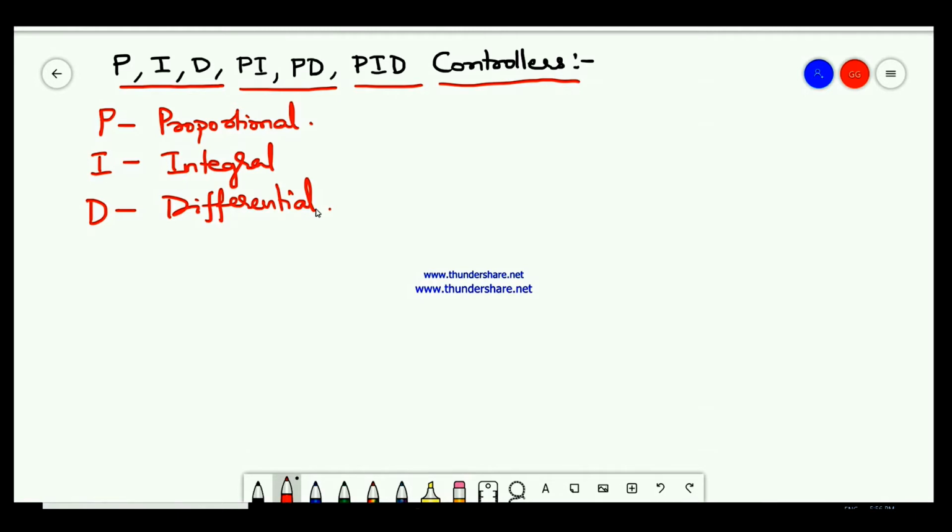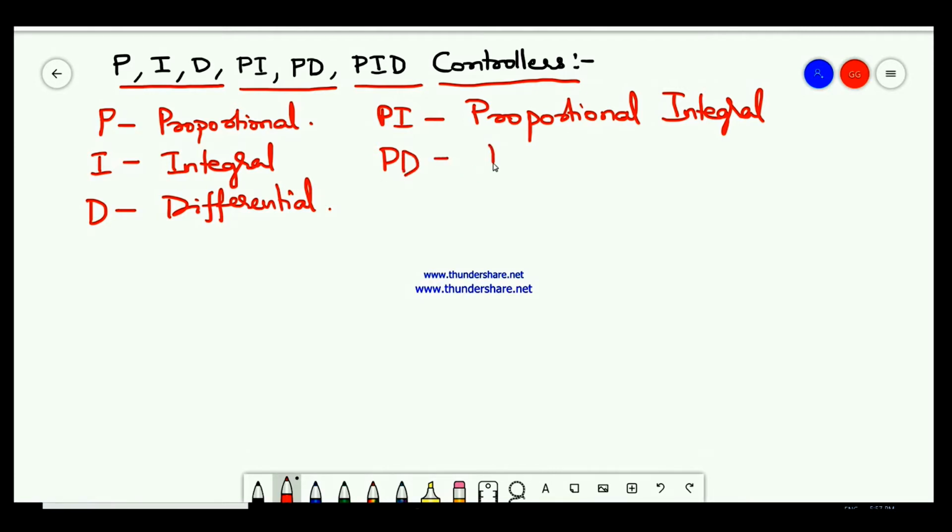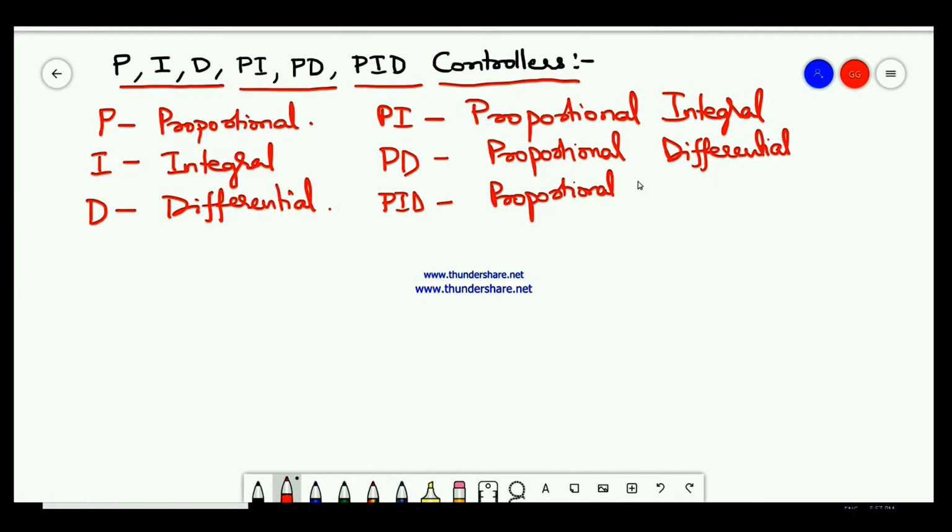Now about PI, PD and PID controllers: PI stands for proportional integral controllers, whereas PD stands for proportional differential controllers, whereas PID stands for proportional integral differential controllers.